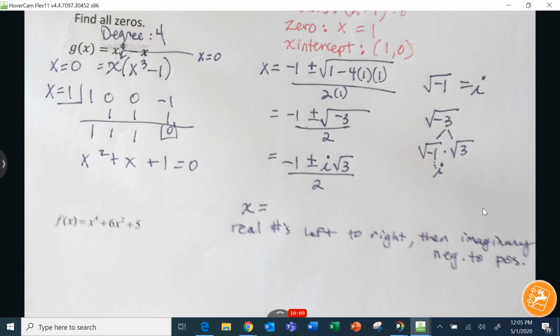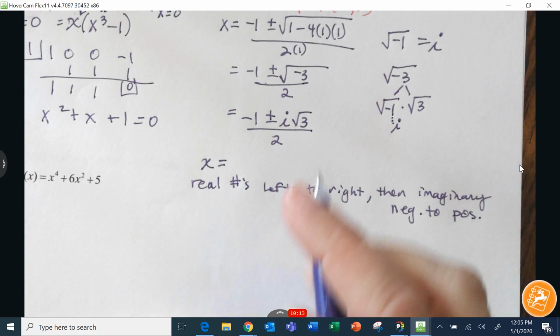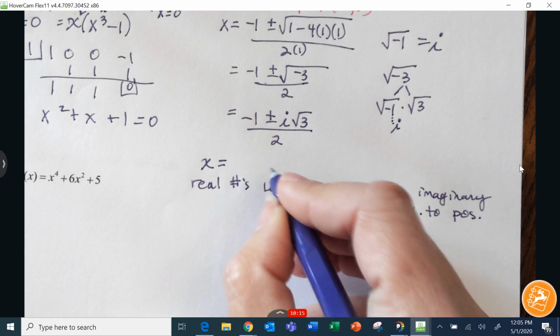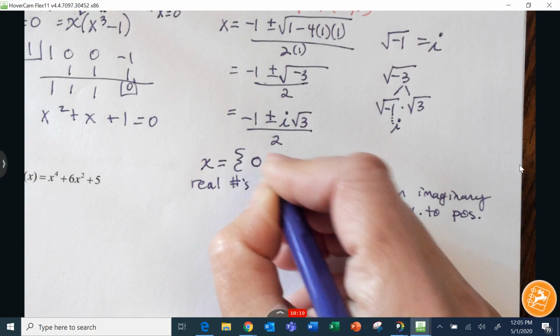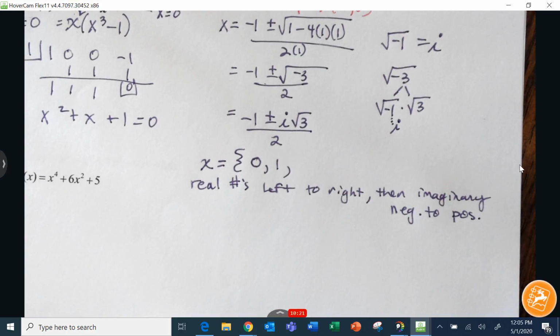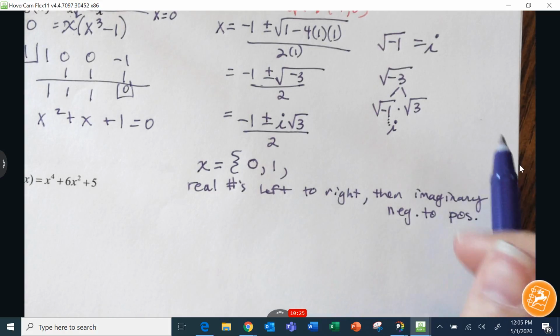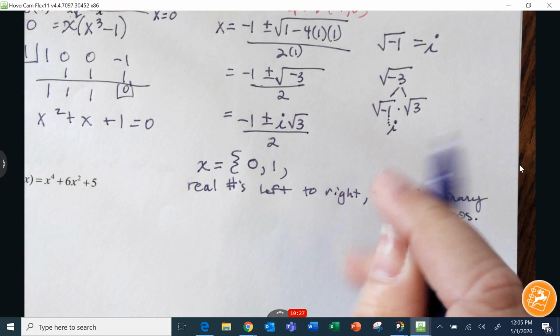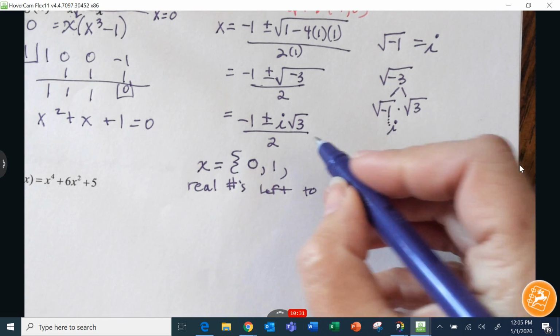Okay, that's the order that we're going to follow so that your answer key matches mine when you type it into Canvas. So we've got x equals, and we have a fancy bracket, and my real numbers are 0, then 1. And then the imaginary numbers, I'm going to write them separate, and you're going to write them separate on your assignment because I'll probably have boxes for you to do.